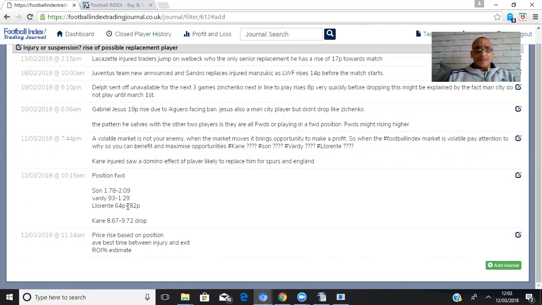Now, let's see here. So Son started at £1.78 from the injury, and he rose to £2.09. Vardy, 93p, and rose to £1.29. Llorente, 64p, rose to 82p.